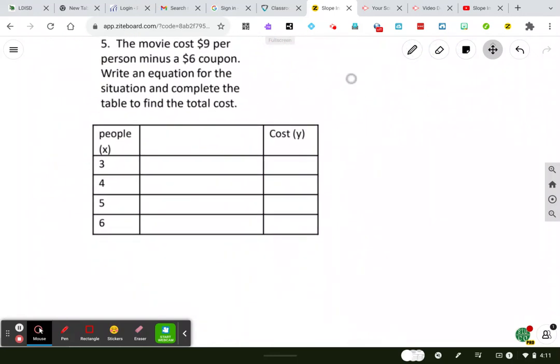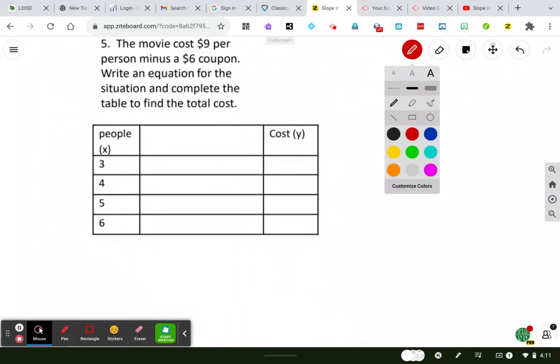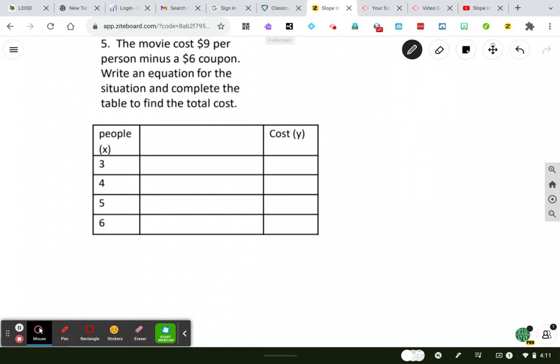All right, let's look at this next one here. Cost of the movie is $9 per person. So that's 9x. So there's your mx. Minus $6.